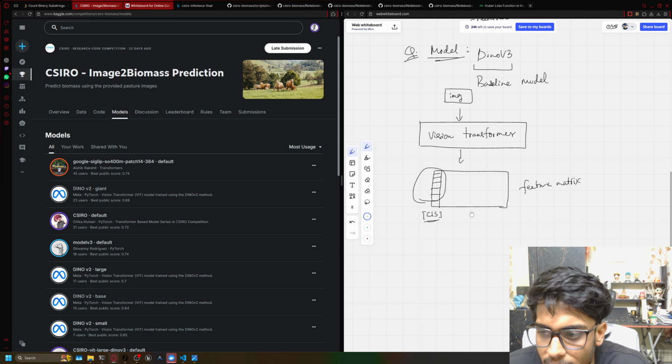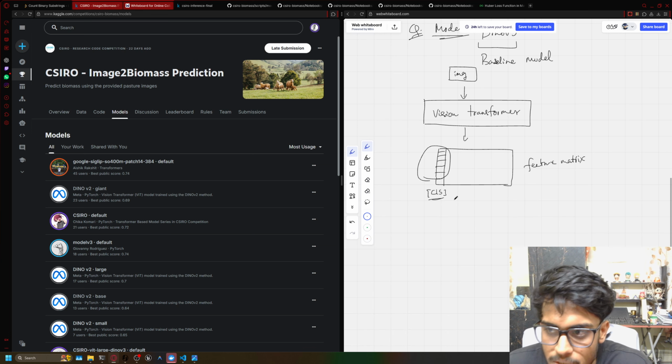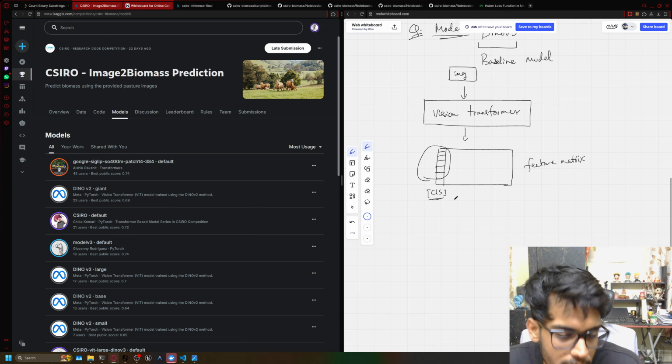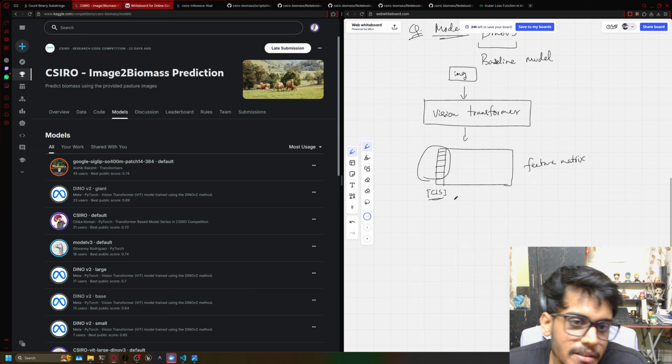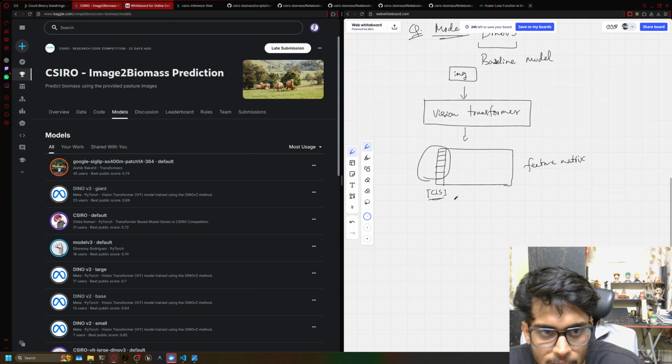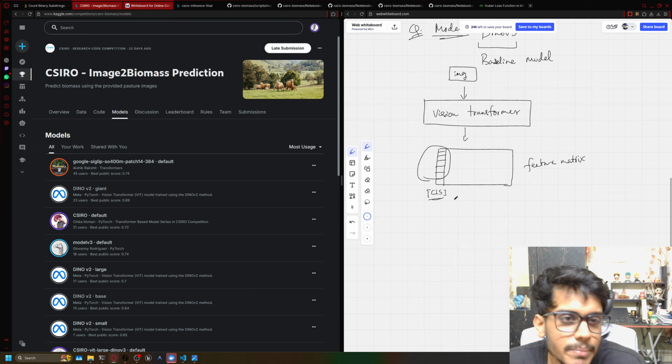Dino v3 is trained on a vast majority of data. It's not specifically trained for this kind of crop images; it is trained on cosmetic images, crop images, general images, because it's a foundational model.